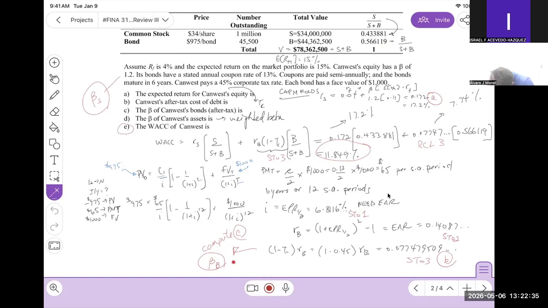How do I get the beta of B? That's the question that remains. I get the beta of B using the capital asset pricing model. You have to just isolate.